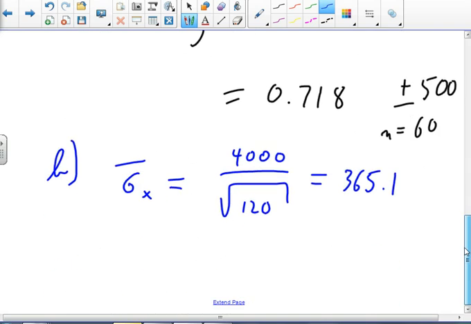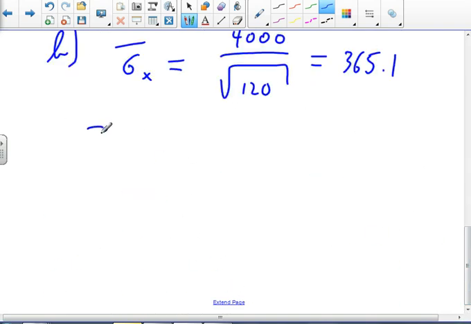Okay, now we're going to look for an upper Z limit and a lower Z limit, and we're going to skip the stuff in the middle because it's all divided by 500.